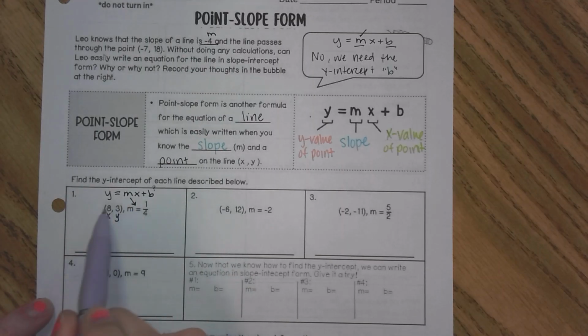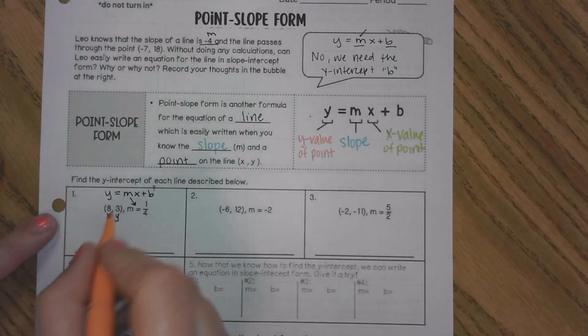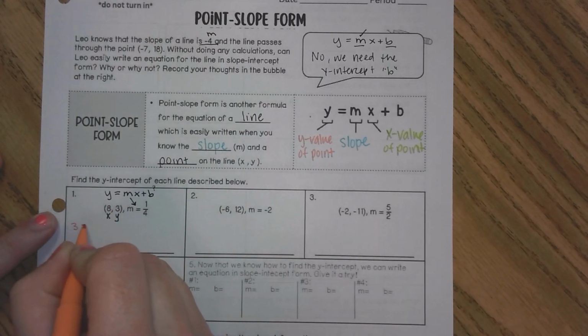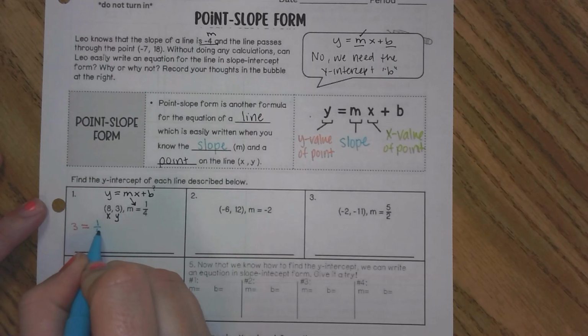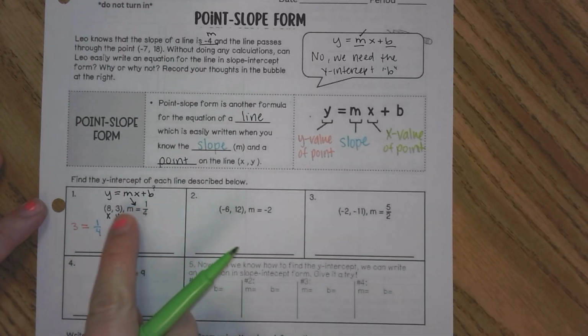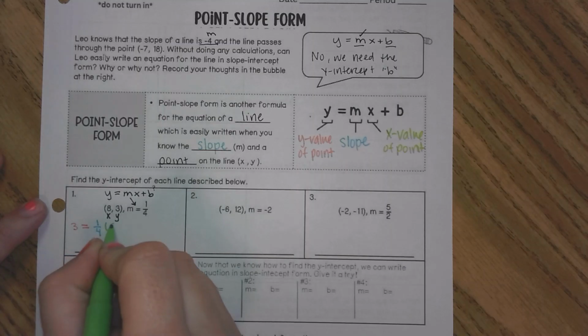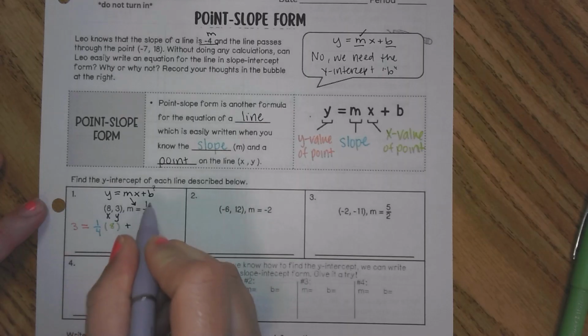So we're going to go ahead and plug in all the stuff we know into our equation. So we have y equals, so I'm going to plug in the y value of my point, which is 3. So we're going to say 3 equals m, which is our slope, so I'm going to plug in 1/4, times x, which it gives us as 8, and then plus, we don't know b.